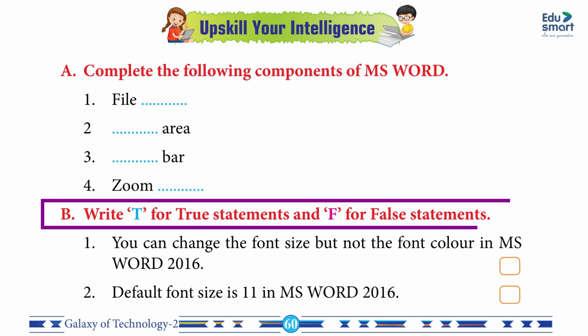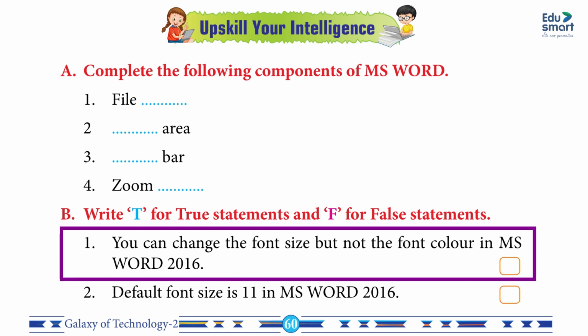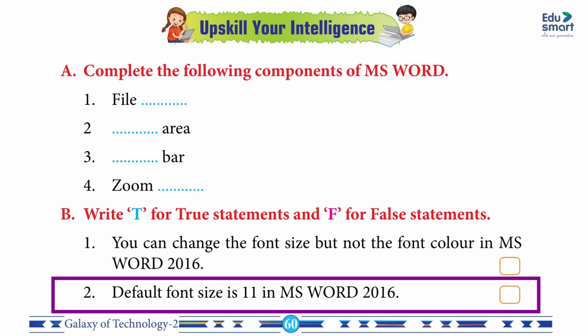B. Write T for true statements and F for false statements. 1. You can change the font size but not the font color in MS Word 2016. Answer: false. 2. Default font size is 11 in MS Word 2016. Answer: true. 3.